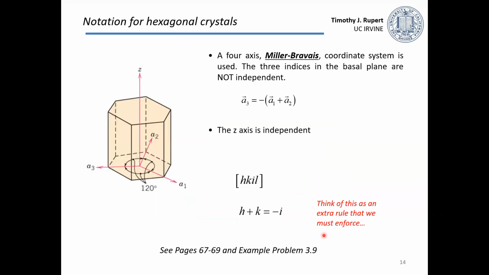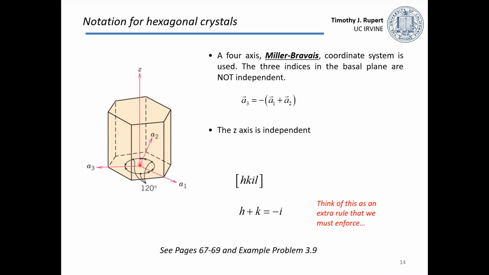Another quick point we need to talk about is that basic idea of describing things in terms of XYZ coordinates is simple and it works, but it only works when those coordinates are all independent of each other. An interesting complication comes up when we talk about hexagonal crystals. This is showing that hexagonal structure that we use to describe the HCP structure.